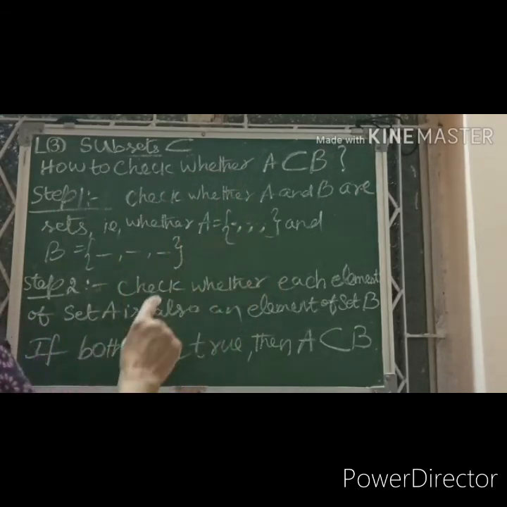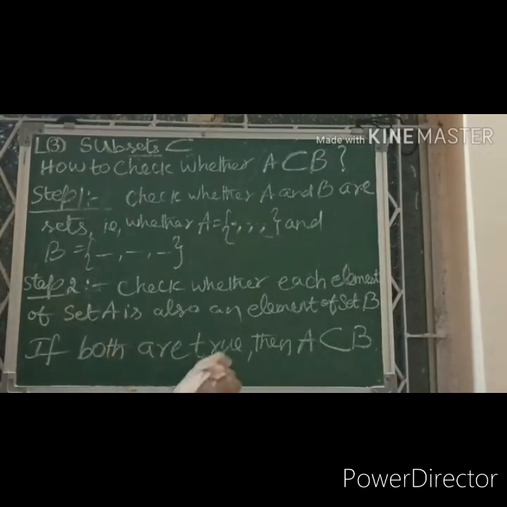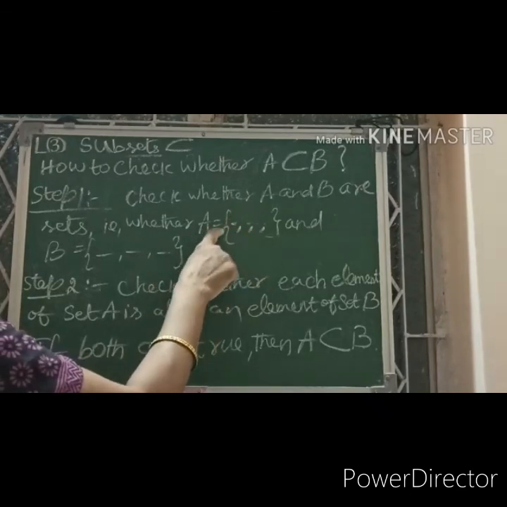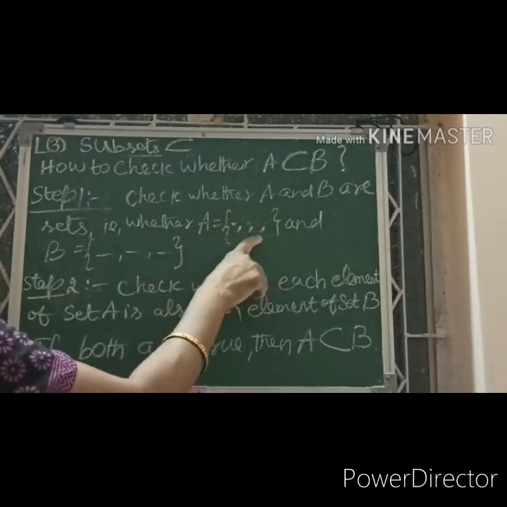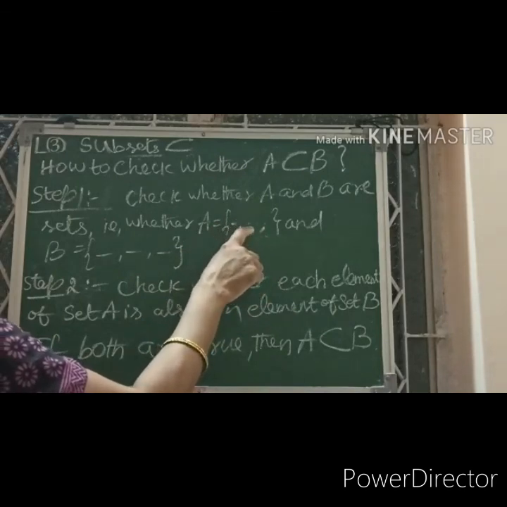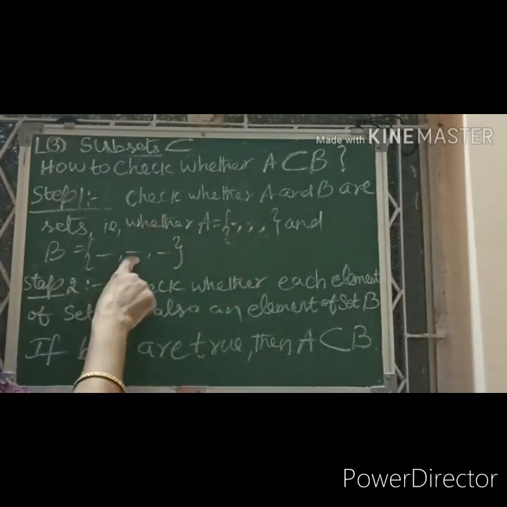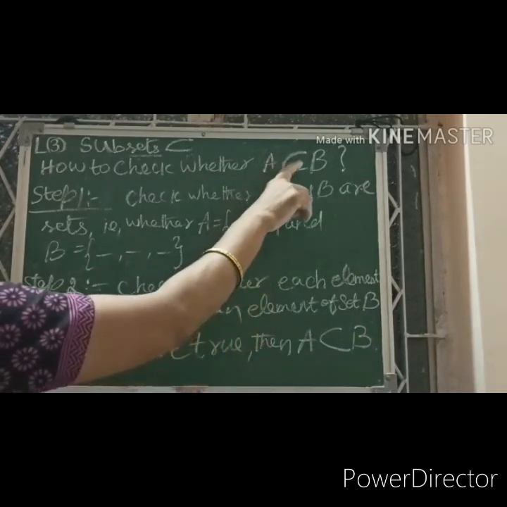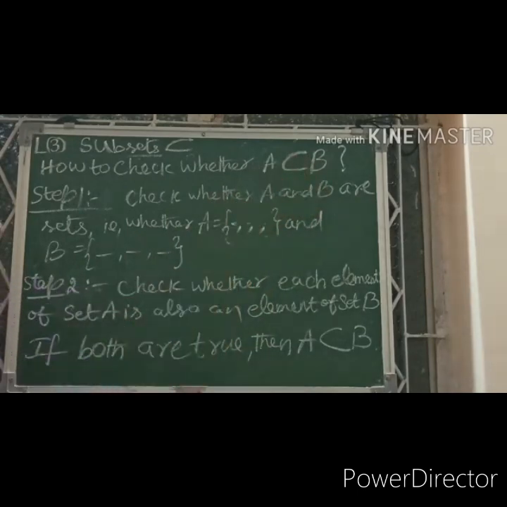Step 2. Check whether each element of set A is also an element of set B. You have to check whether each and every element inside the curly bracket of set A is in set B or not. If both are true, then you can say set A is a subset of set B. Note it down.